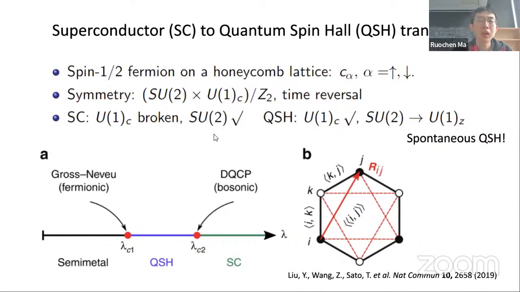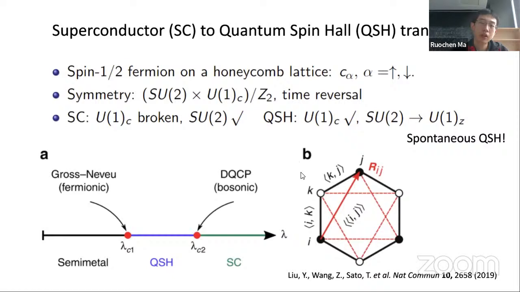It is a traditional S-wave superconductor, so the Cooper pair is a spin-singlet. It is invariant under the SU2 spin rotation symmetry, so the SU2 spin is preserved in the superconductor phase. But obviously, the U1 charge conservation symmetry is broken down to a Z2 subgroup, namely the fermion parity.